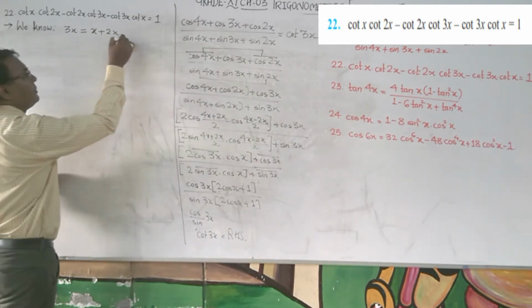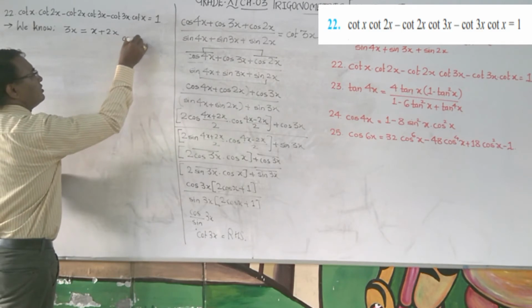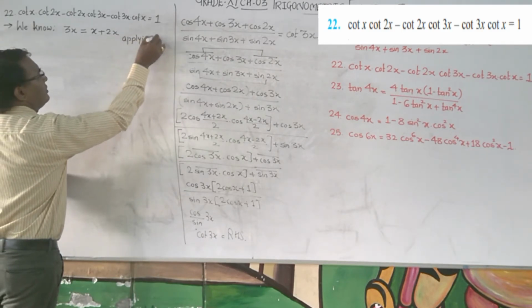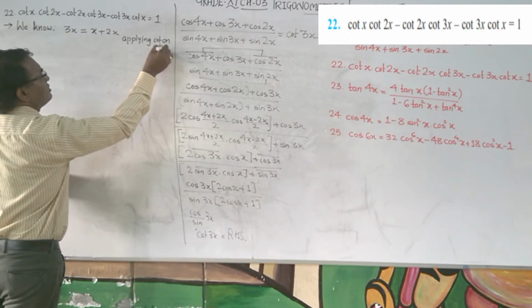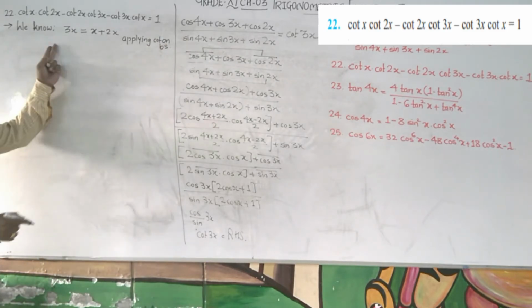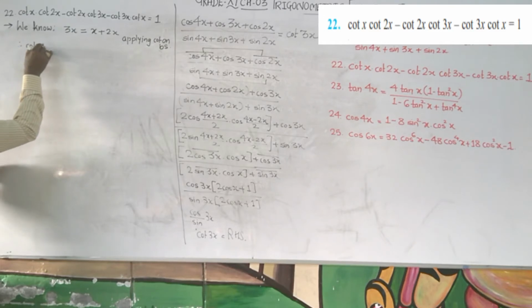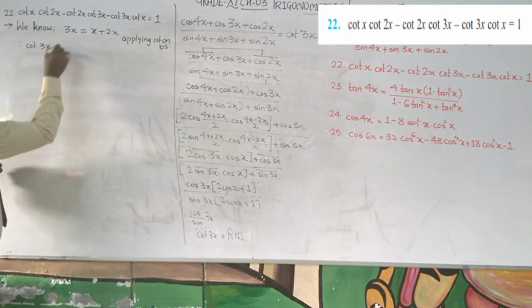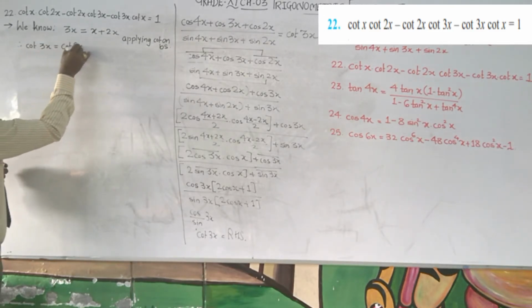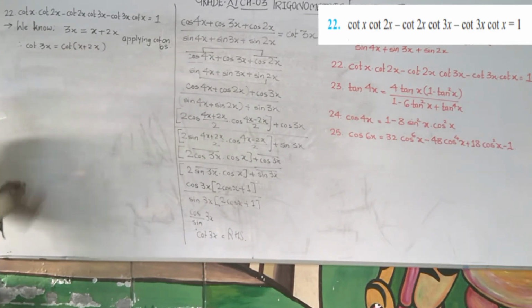Now we will apply cot on both sides, to this also, to that also. Therefore, cot 3x is equal to cot (x plus 2x).